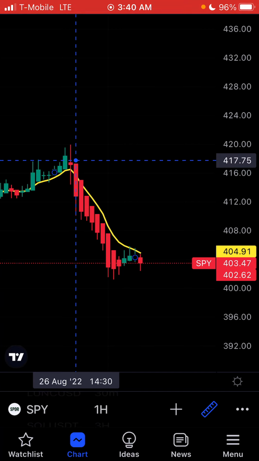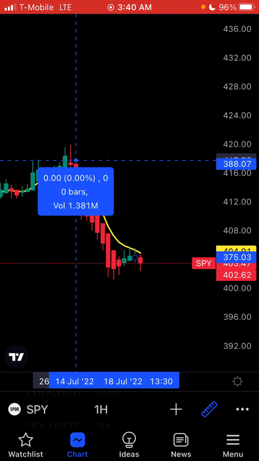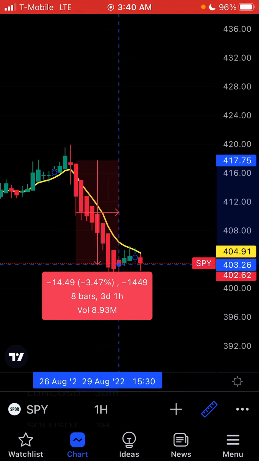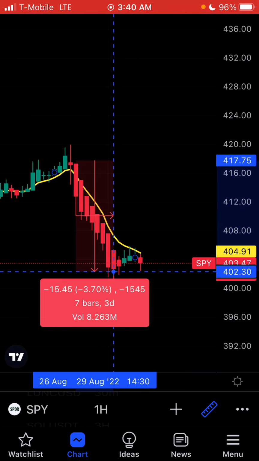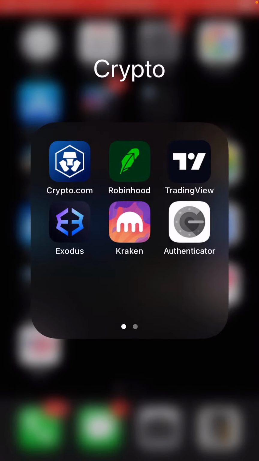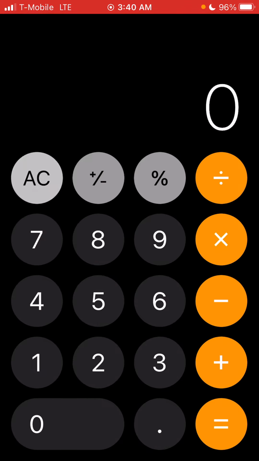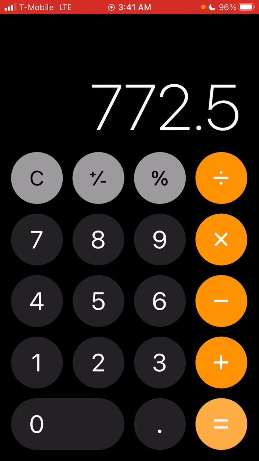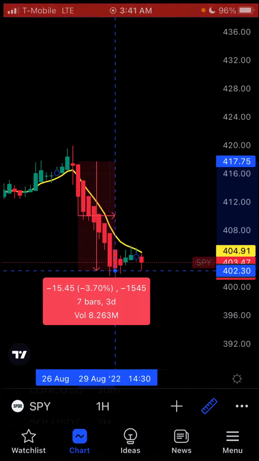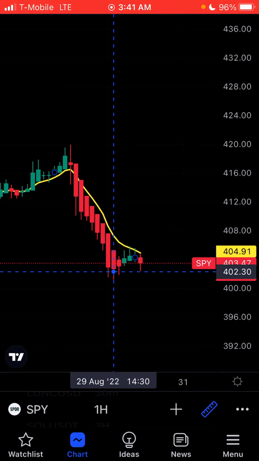What this tells me is the direction is going to go down. Just by the direction that candle did, there would have been about a $15 difference in price, which means 1545 times about 50. That's about $772 right there if you did options.